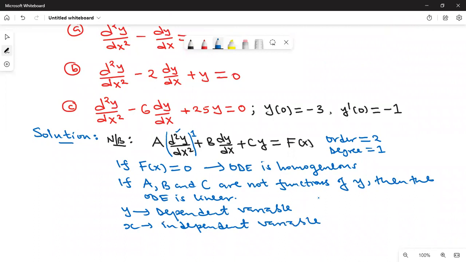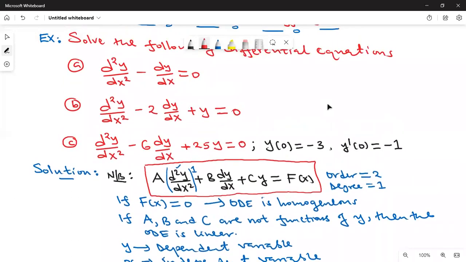So we have said when the right-hand side is 0, then the equation is homogeneous. What about if the right-hand side is not equal to 0? Then we say that the equation is non-homogeneous. So having talked of the general form of a second order ODE, and having explained what we mean by homogeneous, linear, order, and even the degree of that equation, let's now answer the questions.